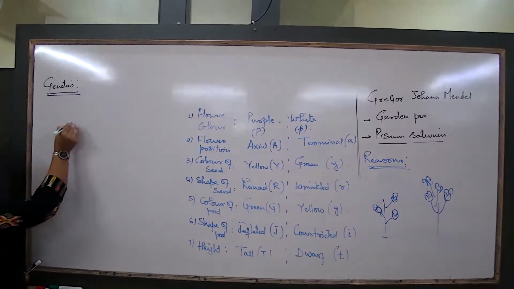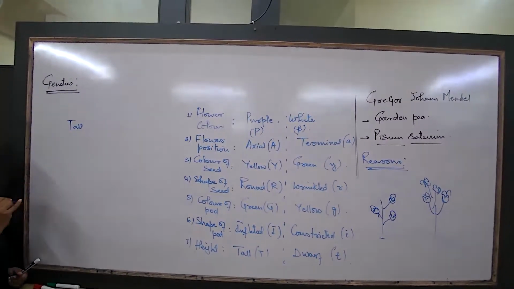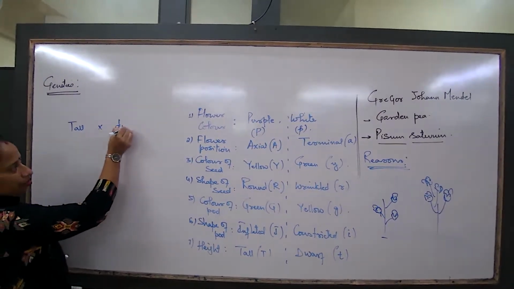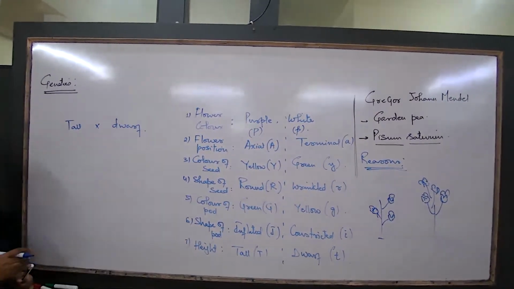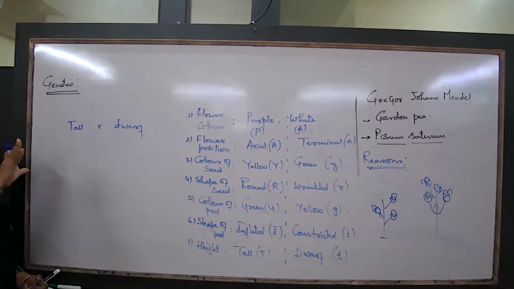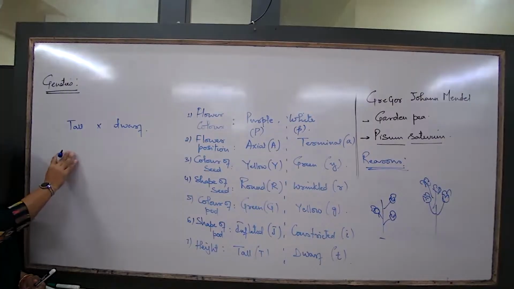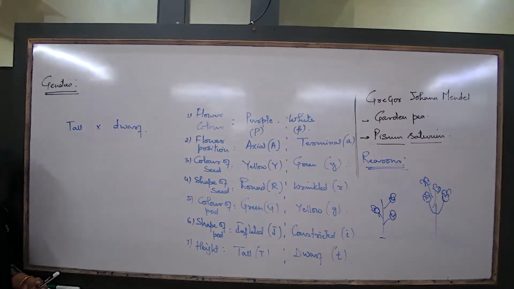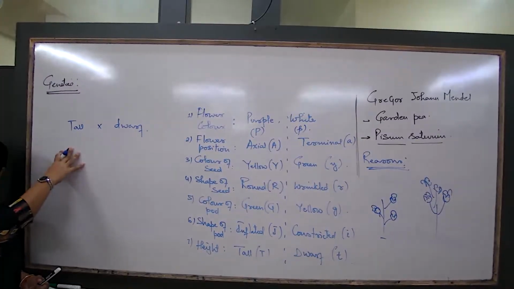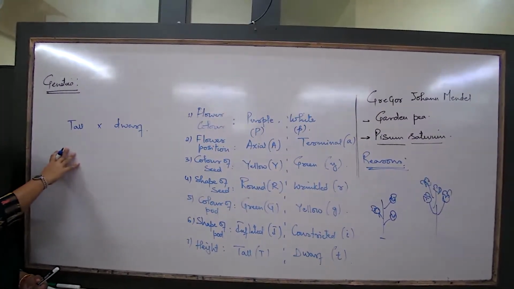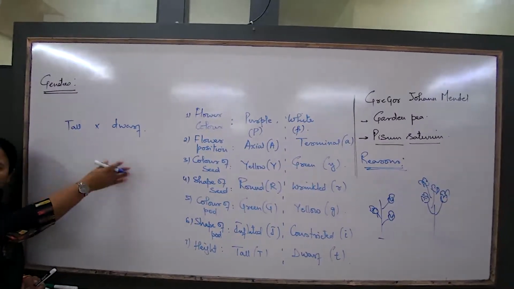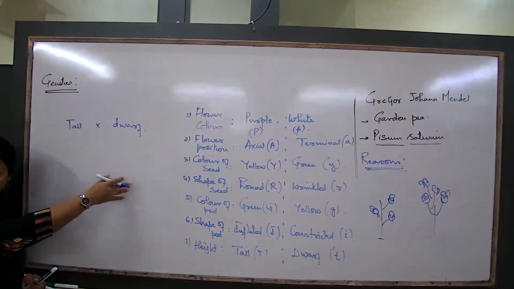What was the concept? Mendel took some tall plants and he tried breeding. Breeding means the tall plants he had grown near the dwarf plants. The flowers were bisexual. You have now studied that entire chapter. When I say bisexual, it has anthers as well as carpel, so the plant can go for self pollination and cross pollination also.